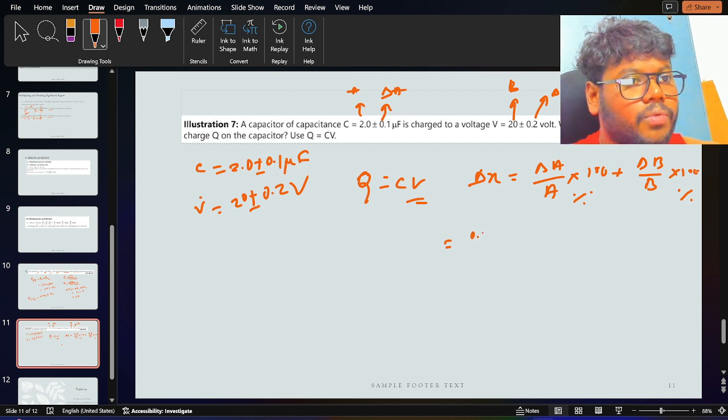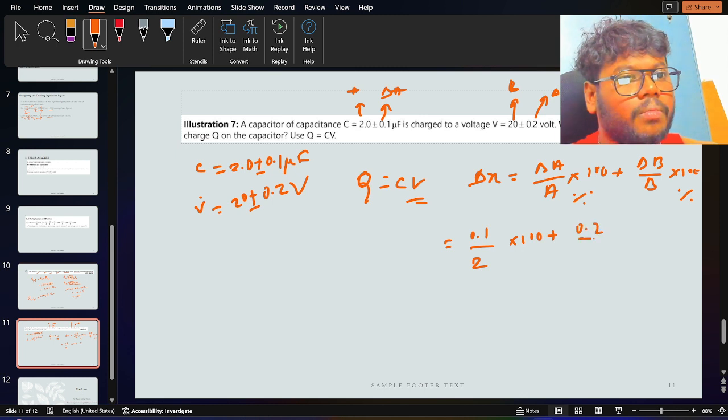Delta A is 0.1 by 2 into 100 plus delta B, which is 0.2 by 20 into 100.